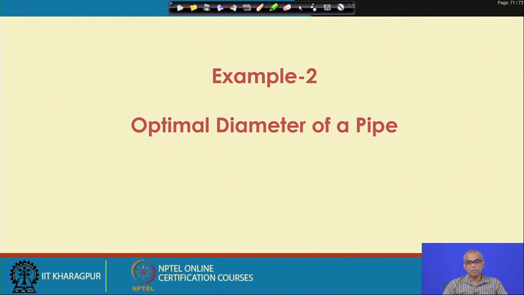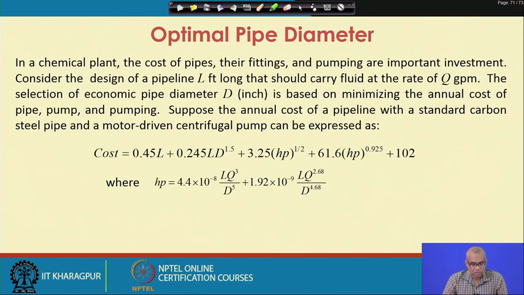As a second example, let us find out the optimal diameter of a pipe. In a chemical plant, the cost of pipes, their fittings and pumping are important investments. Consider the design of a pipeline L feet long that should carry fluid at the rate of Q gallon per minute.